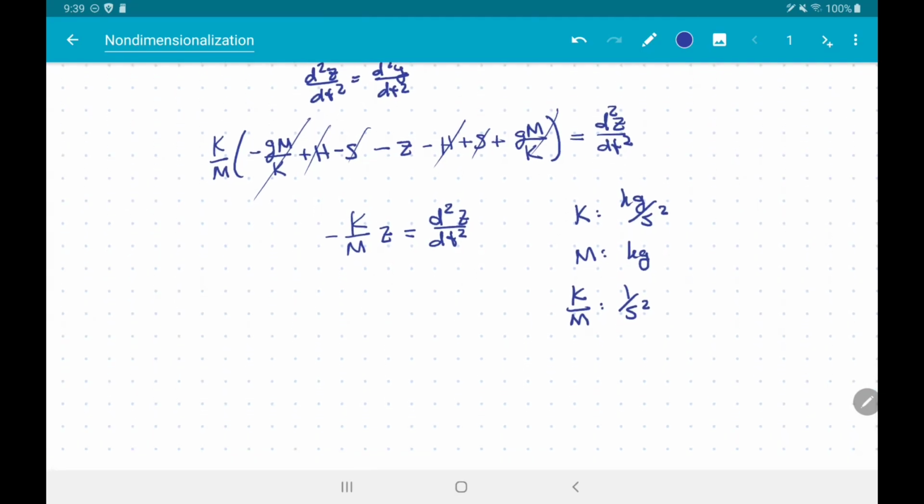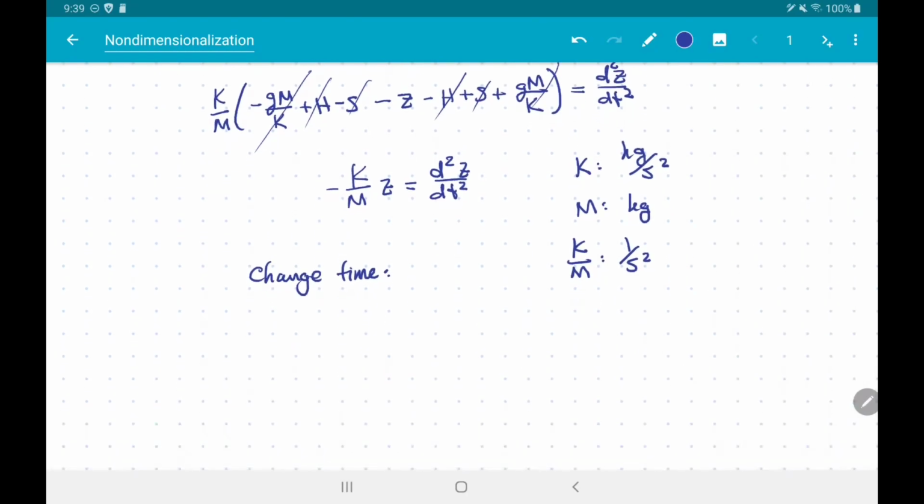So I'm now going to change time variables. Now here's how this works. If I take d over d tau of z, sorry, let me do it the other way. I'm going to say dz over dt equals, and I'm going to use the chain rule.